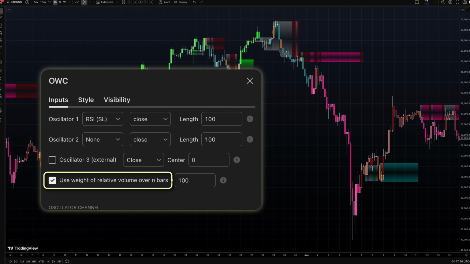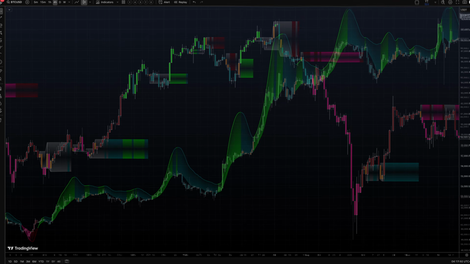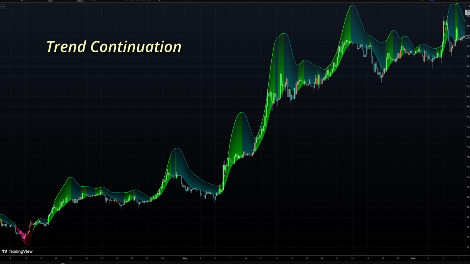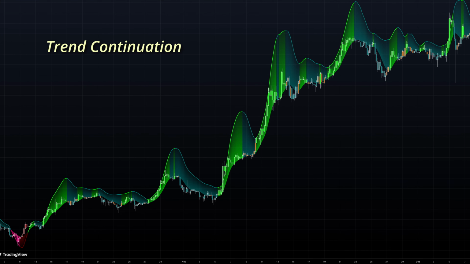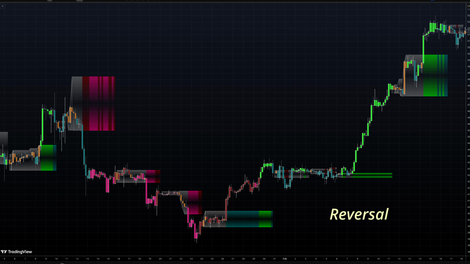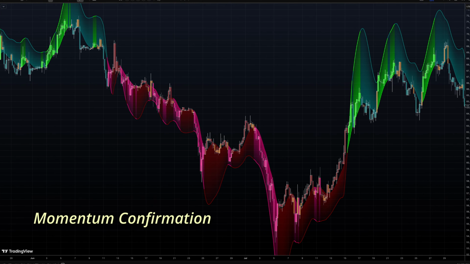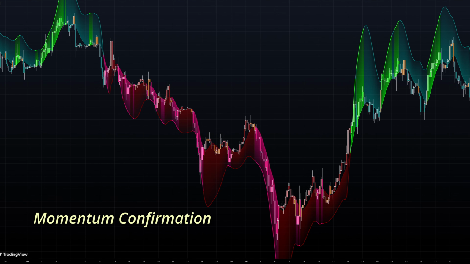Relative volume weighting adds another dimension by amplifying oscillator influence during high-volume periods, while customizable capping prevents extreme oscillator readings from distorting the visual scale. Strategy applications include trend continuation signals when both channels align in strong states, reversal identification through divergence channel formations, and momentum confirmation through oscillator channel transitions.